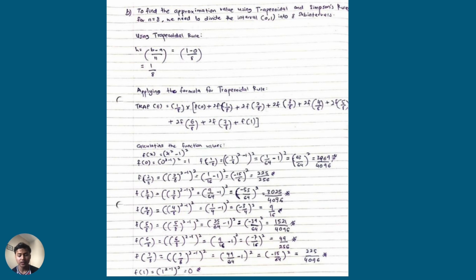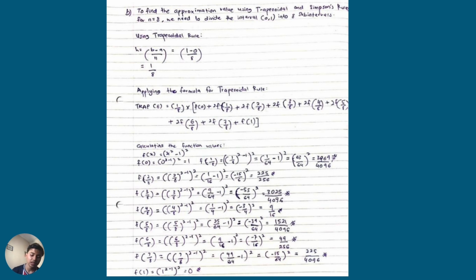And then f(7/8) equal with (49/64 - 1)^2 and equal with (-15/64)^2, and we can get 225/4096.